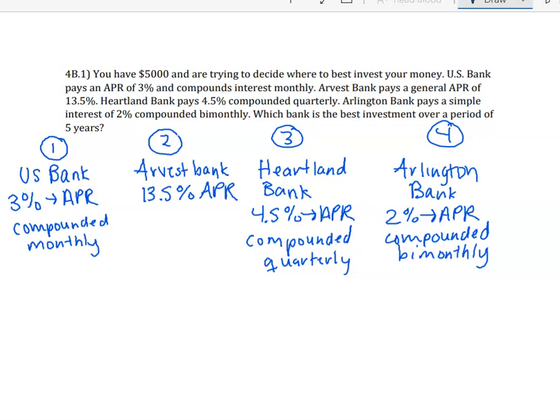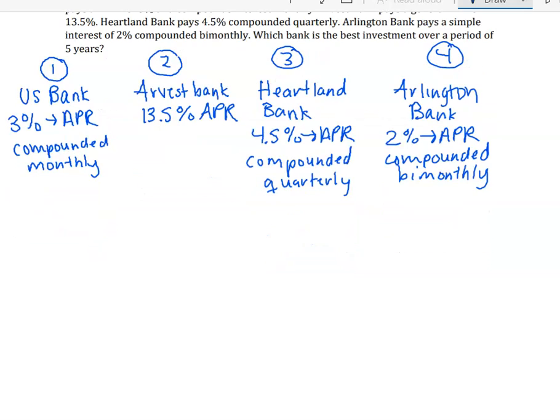Okay, so let's do these calculations real quick. I'm going to scroll down a little bit. Remember that we had two formulas. The formula that we had was simple interest, and we had a formula for compound interest.